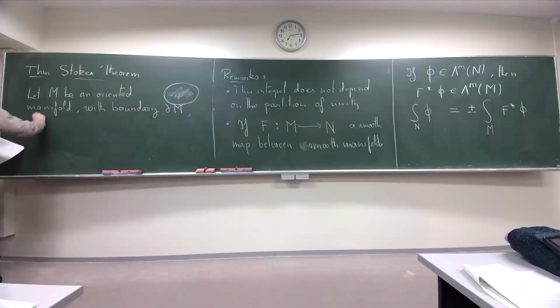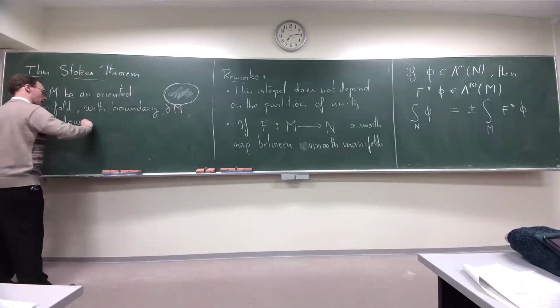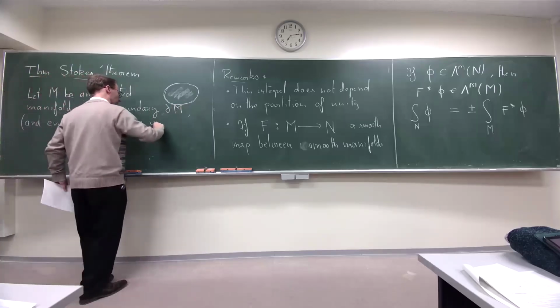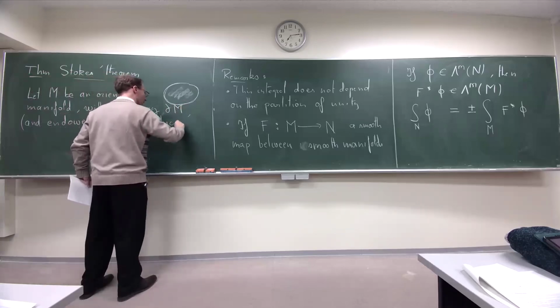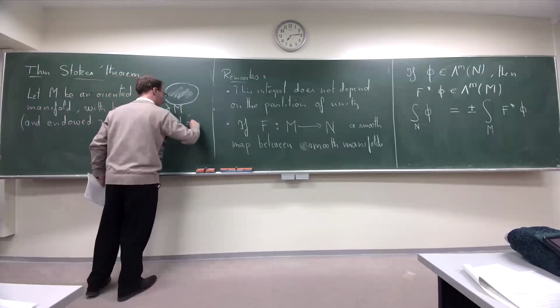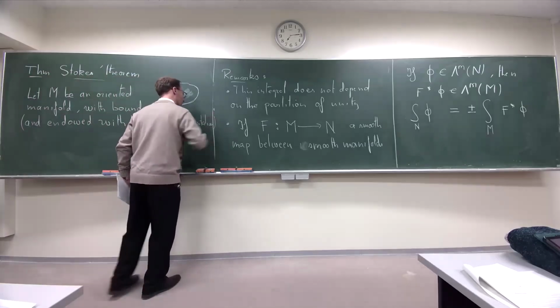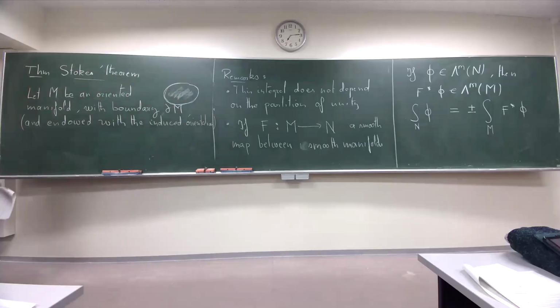And the boundary is endowed with the induced orientation. I mentioned just before that whenever you have one orientation on the manifold, there is a canonical orientation on the boundary. There are formulas for how to deduce the orientation on the boundary.